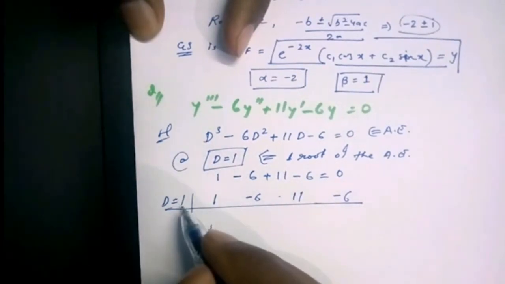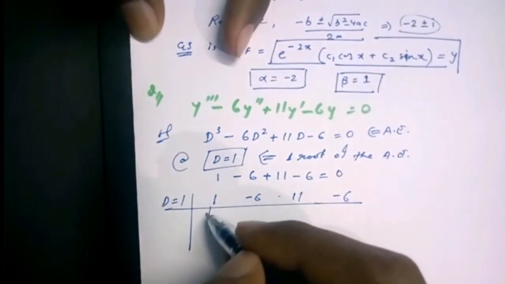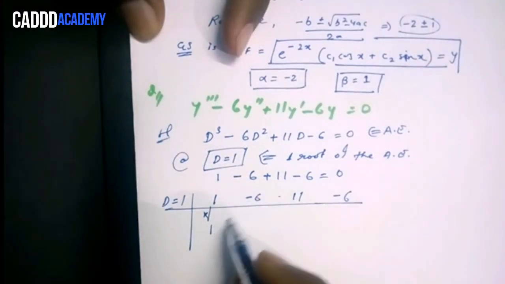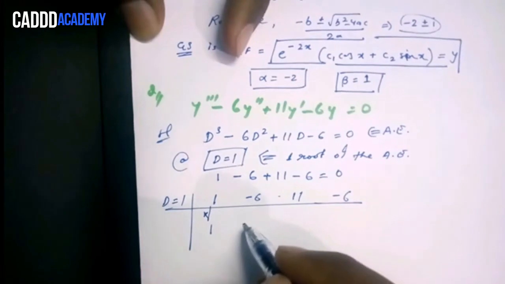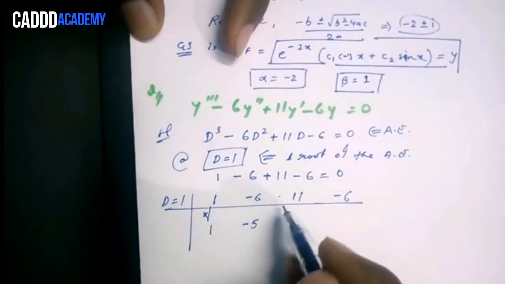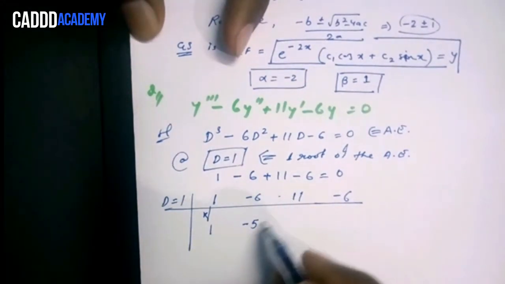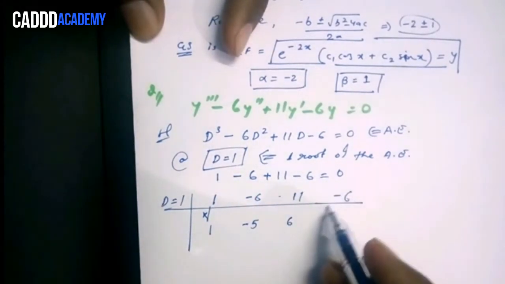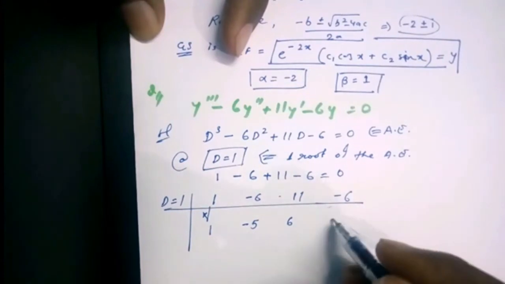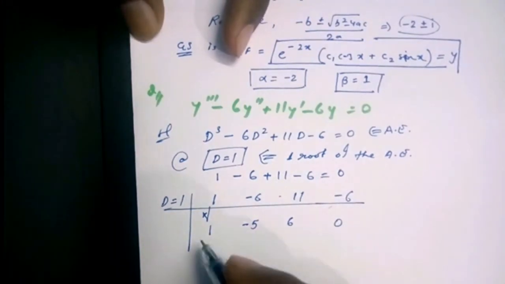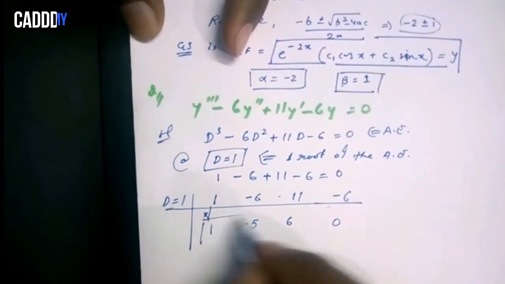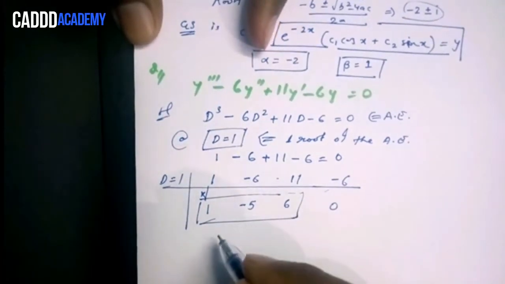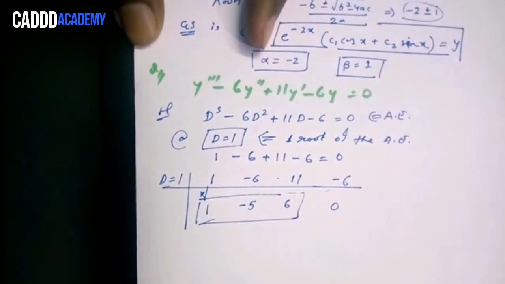After writing this, we have to multiply and then add these both numbers. We will have minus 5. Now again we add these numbers, and we have 6. Now again we add these both numbers. We have 0.